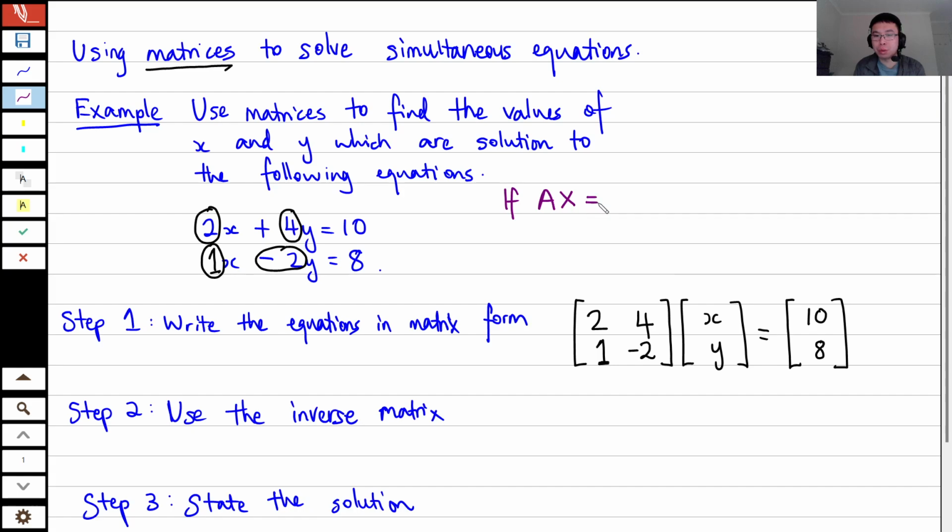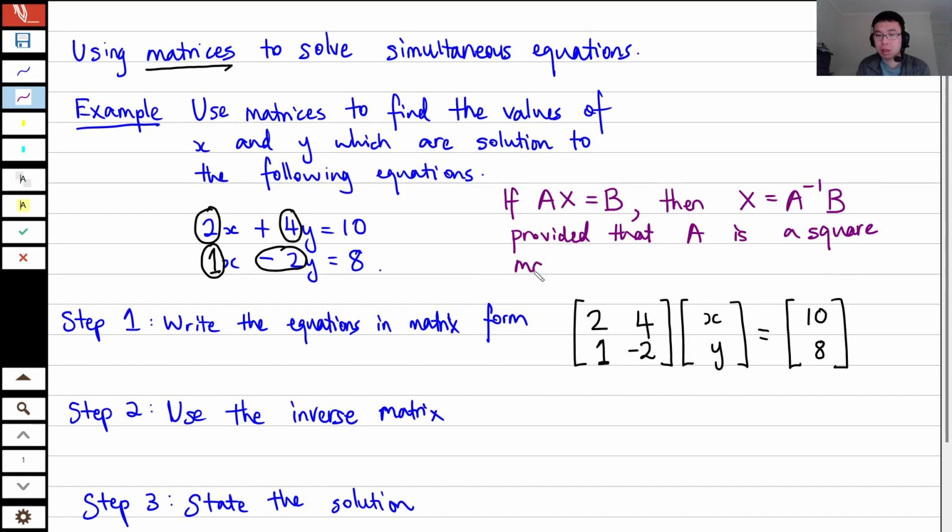If AX equals B, here I'm using the letters capital A, capital X, and capital B to represent matrices, and my goal here is to solve for the middle matrix, capital X. So if I know that A times X equals B, then X equals A inverse times B, provided that A is a square matrix with an inverse. That is, the inverse exists.